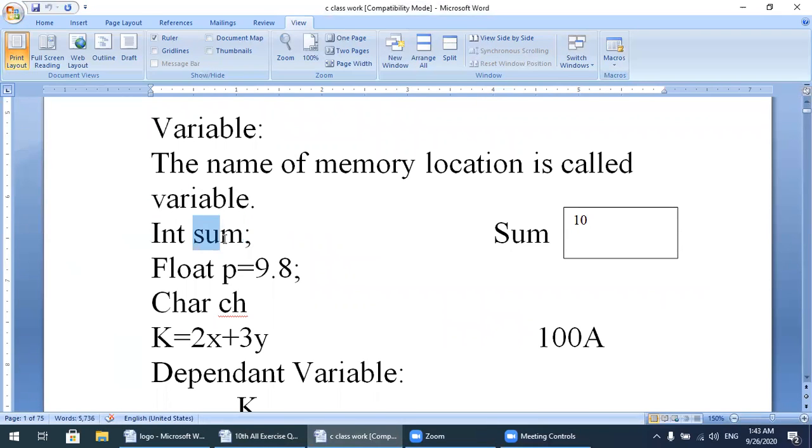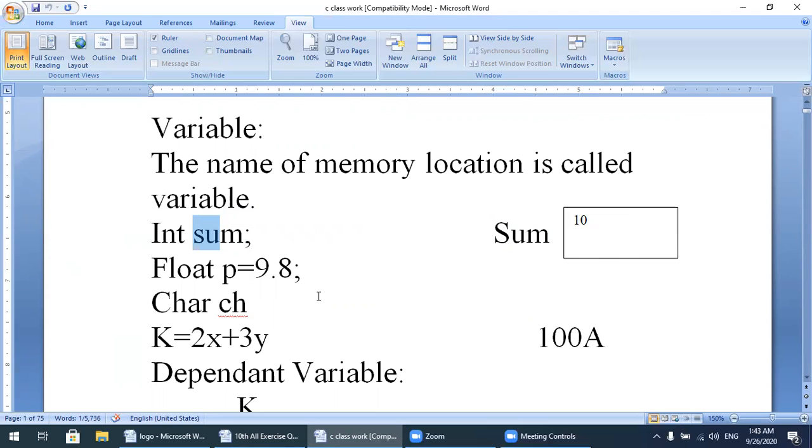Watch here, I draw a map of a memory location. Assume that this block is a memory location, and its name is sum. Sum is a variable, so the name of the memory location is called a variable.